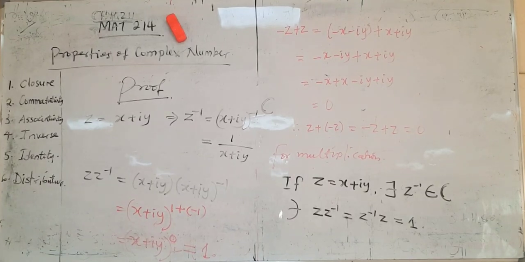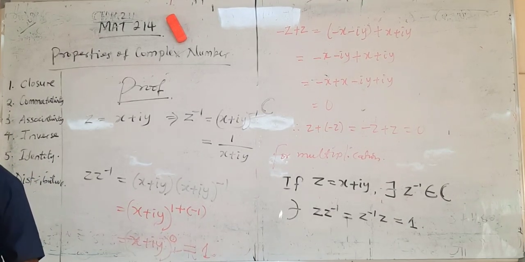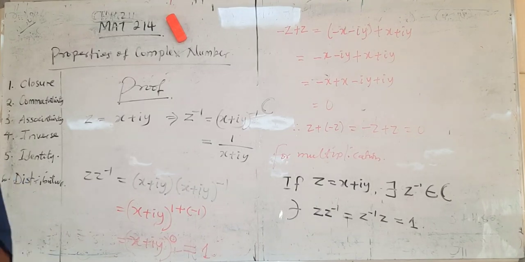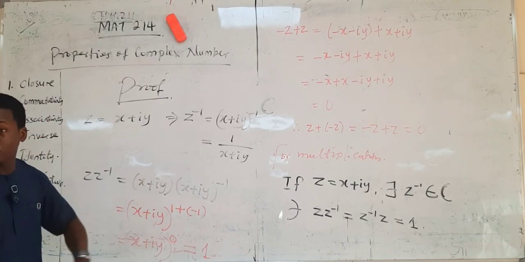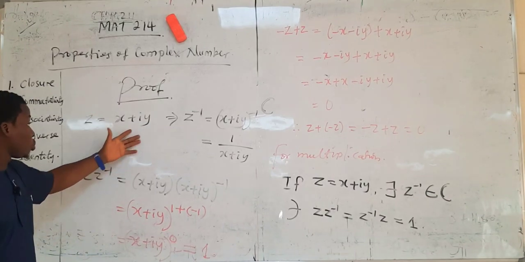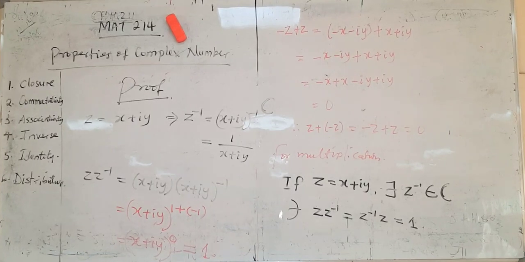So any number raised to the power of 0 is 1. x plus iy raised to the power of 0 is 1. So any number to the power of 0, both complex and the rest, is equal to 1. Now, this is one of the simplest procedures to prove the multiplicative inverse.